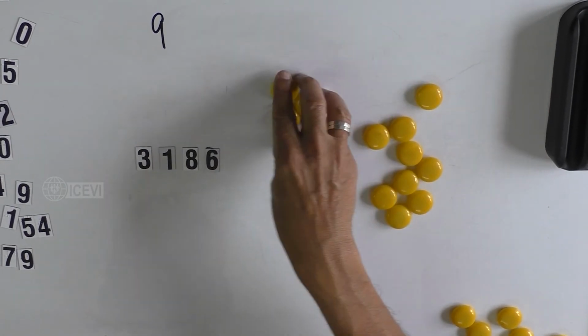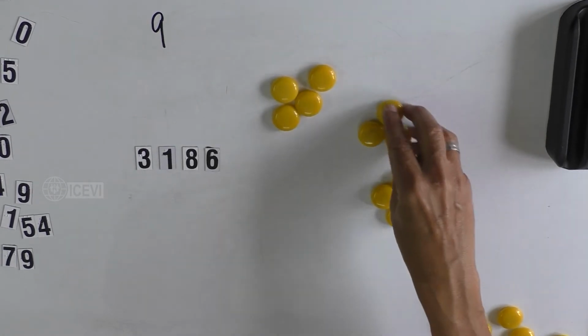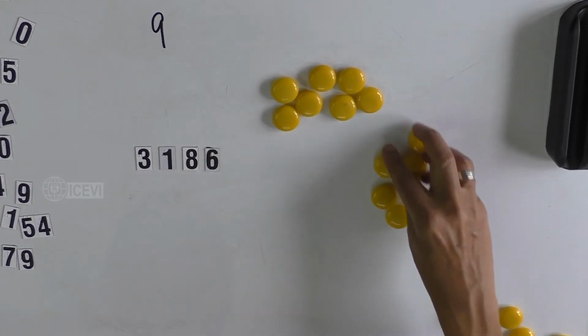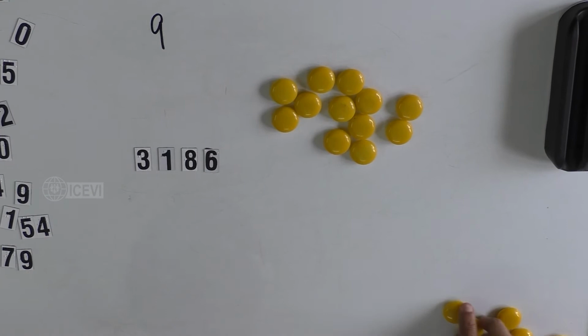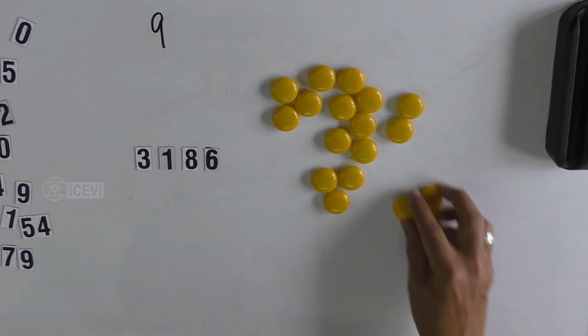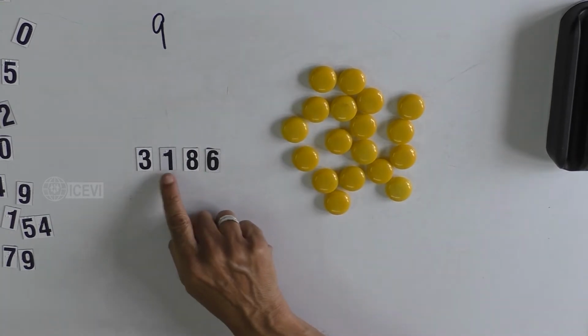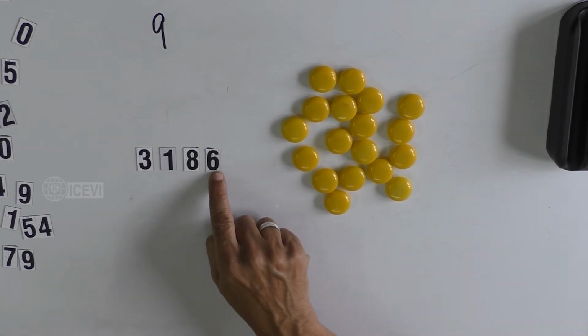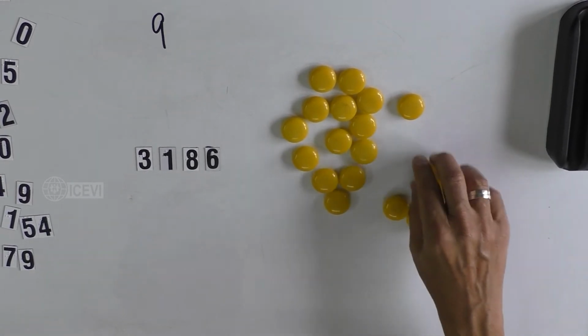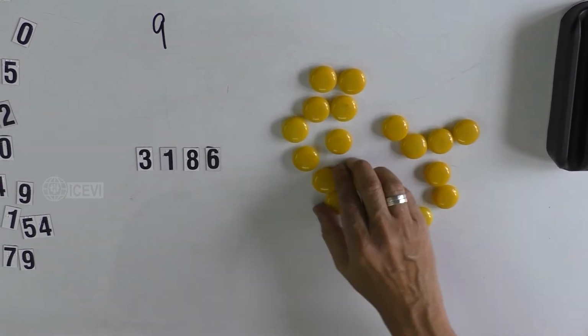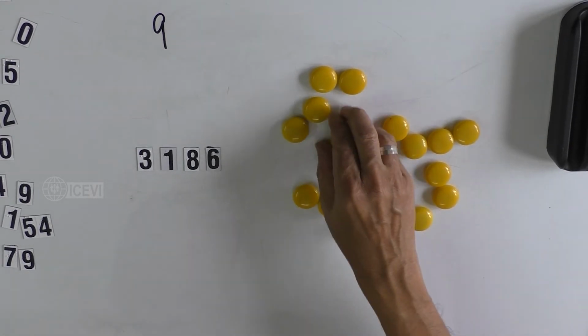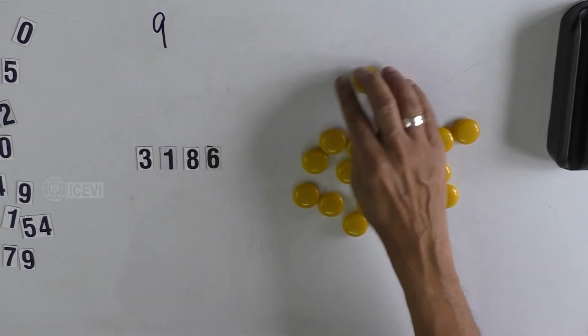So 3, 1 and then we have to add 8 and then 6. Now how many numbers are there? 4, 12 and plus 6, 18. So 2, 4, 6, 8, 10, 12, 14, 16, 18.